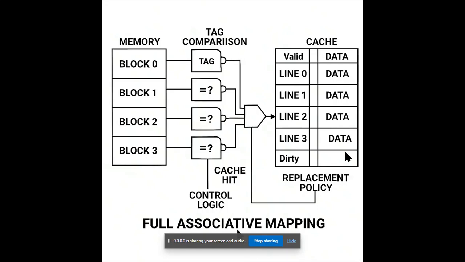The new block's tag field and data field are updated in the chosen line, and the valid bit is set to true. For dirty bit checks, which is for write-back caches, if the evicted line has its dirty bit set, its data is written back to the main memory before replacement. This avoids losing any changes made to the data while it was in the cache.